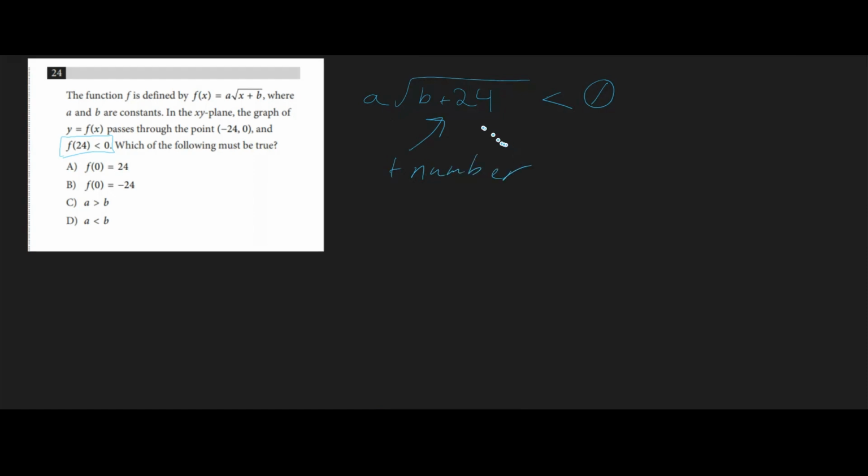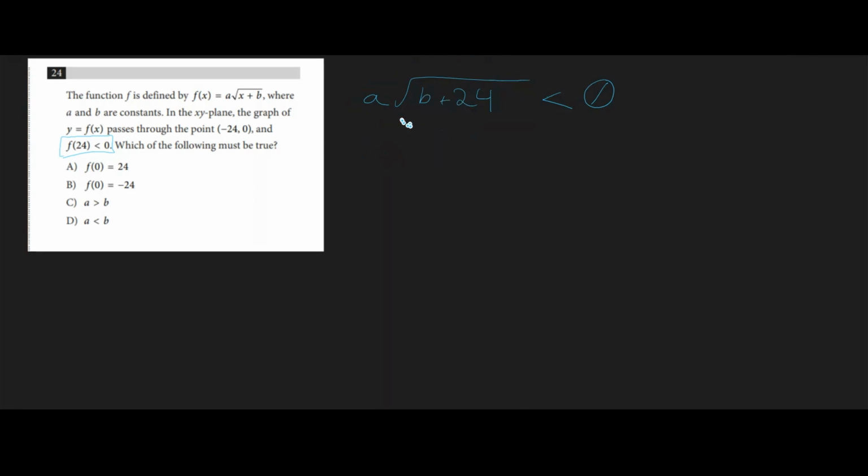But remember what we were told: f of 24 is less than 0. So this entire left side is going to evaluate to some number less than 0. If it's some number less than 0, that means this entire expression is going to be a negative number.